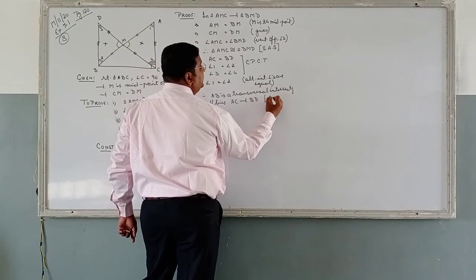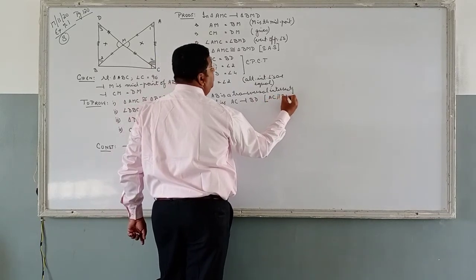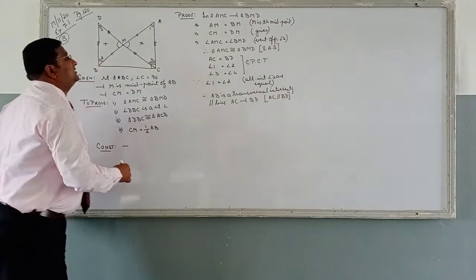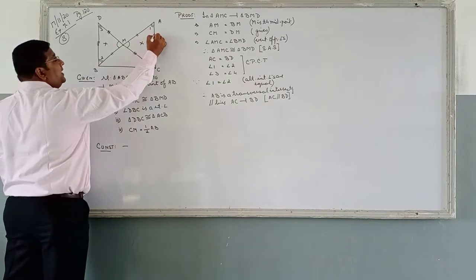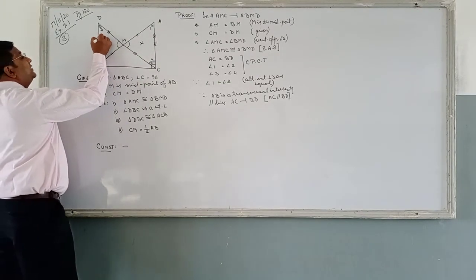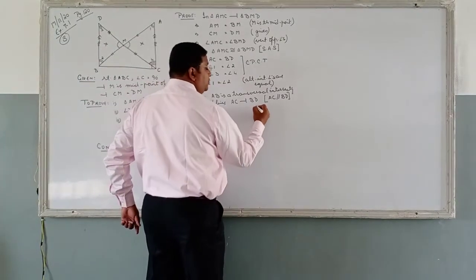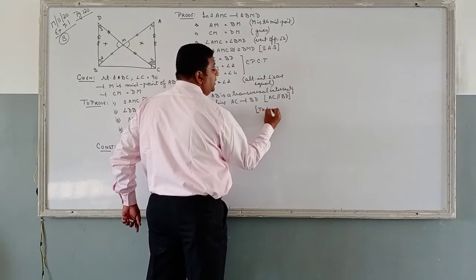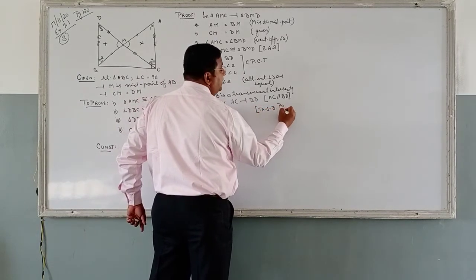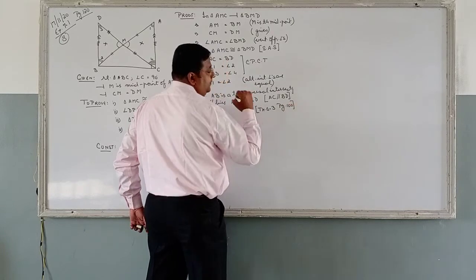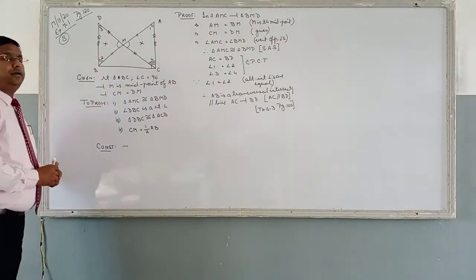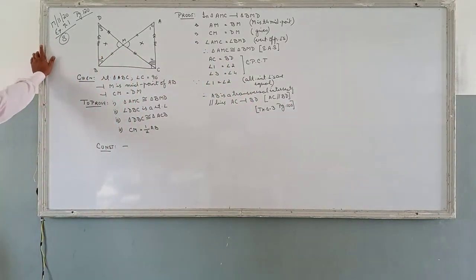That is, AC is parallel to BD. By which theorem? You can refer to theorem number 6.3 of page number 100 of your textbook. If a pair of alternate interior angles are equal, then the lines are parallel to each other.